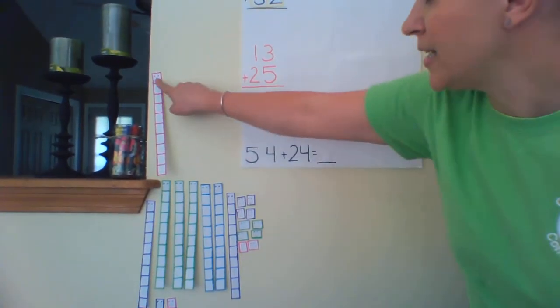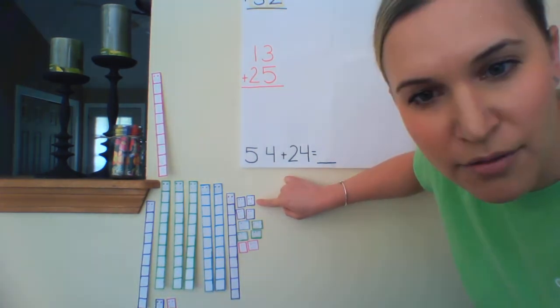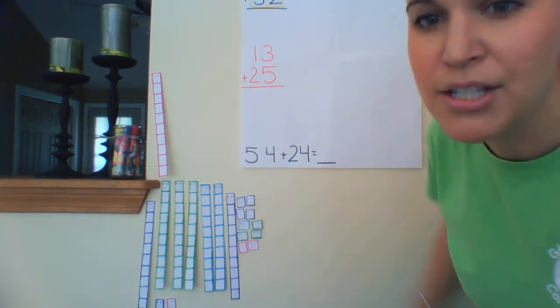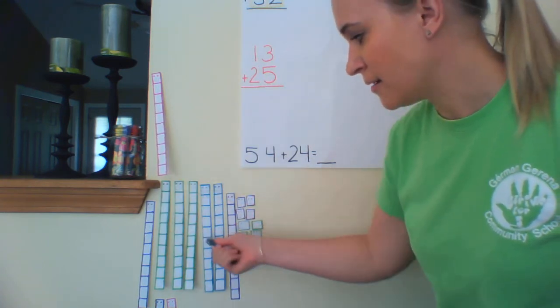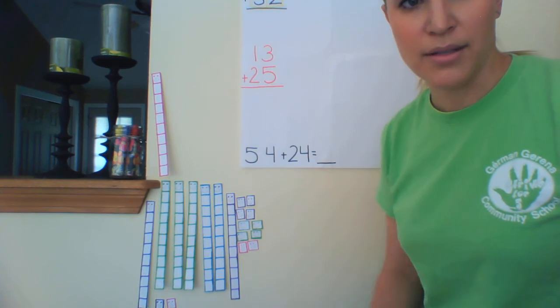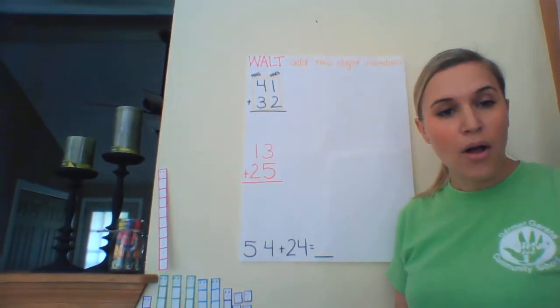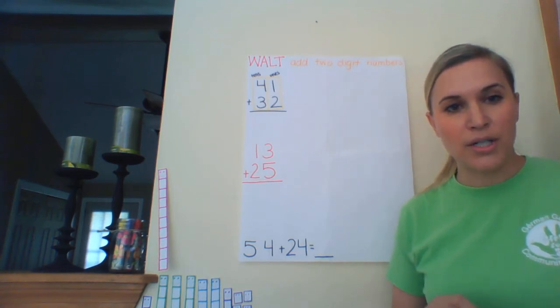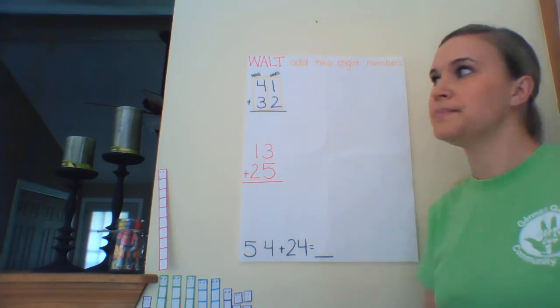Our 10 sticks are our groups of 10 and our little leftover ones are ones. So any 2-digit number is made up of groups of 10 and ones, or maybe no ones, but we'll talk about that later. When we draw 2-digit numbers to add, it's important that we draw the tens and then the ones.